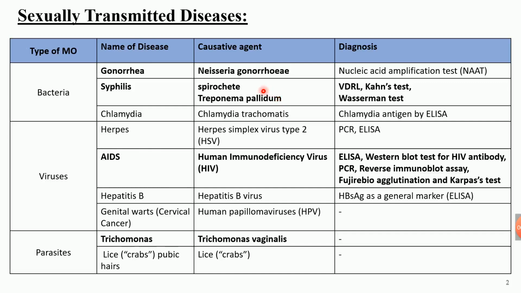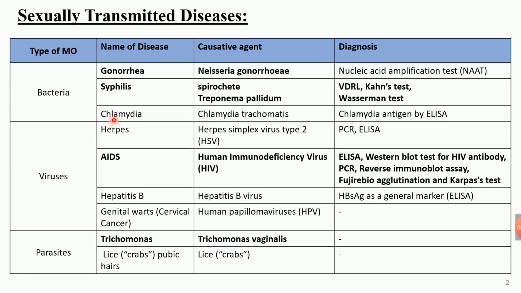Treponema pallidum is the causative agent for the disease known as syphilis. Syphilis is diagnosed by different diagnostic tests which include VDRL, that is Venereal Disease Research Laboratory test, Kahn's test, and Wassermann test.